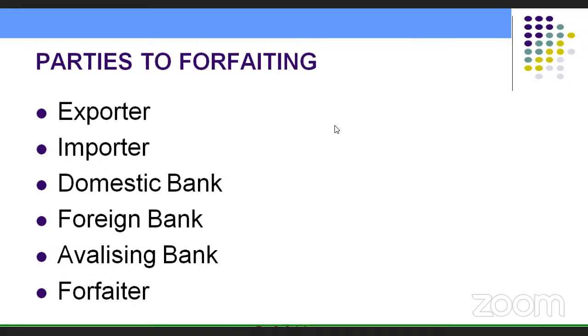Then only forfeiting is possible. If they are paying cash directly, there is no need of forfeiting. There is no use of forfeiting, right? So the importer means the persons or firms which are resident in other countries, availing the services of the exporter in the form of goods or services.